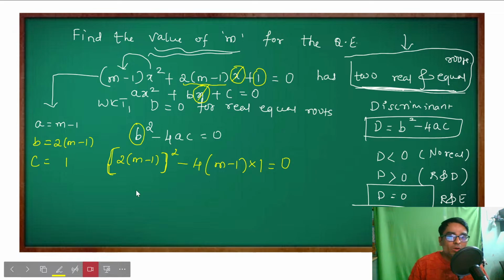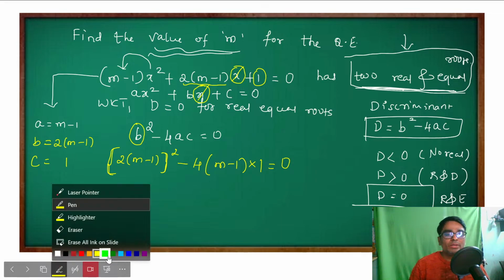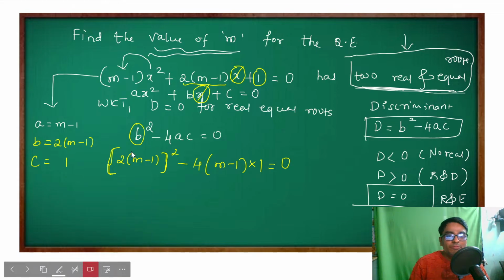Now how to square? Again students will make a mistake here. Observe carefully. First square this number first. What is 2 square? 4. Then square this bracket. Now what formula we will use? a minus b the whole square formula we are going to use, because it is m minus 1 whole square.